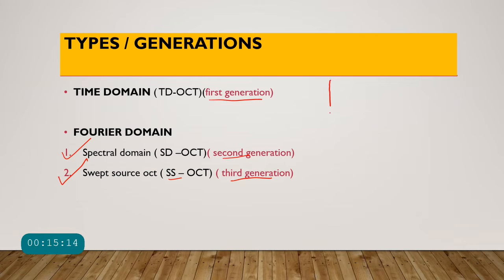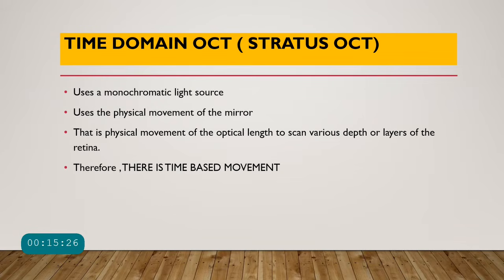Now this is how they are becoming more complex in the same order. The time domain was the oldest, then we have the spectral domain, and then we have the swept source OCT. So what is meant by this time domain OCT?